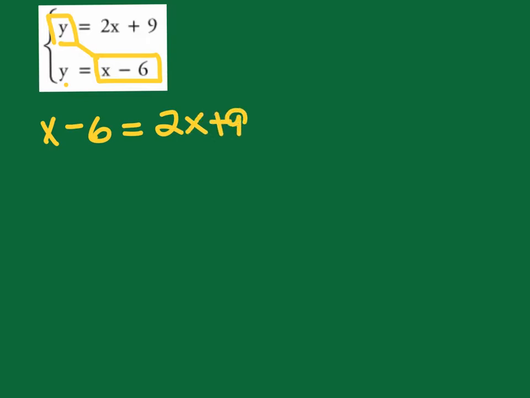And like I said, this only has x's in it. So we can now solve this for x. So we want to get all our x's to one side and all our numbers to one side. So we get x equals negative 15. Now that's not our final answer because again, this answer is going to represent an ordered pair on our graph.